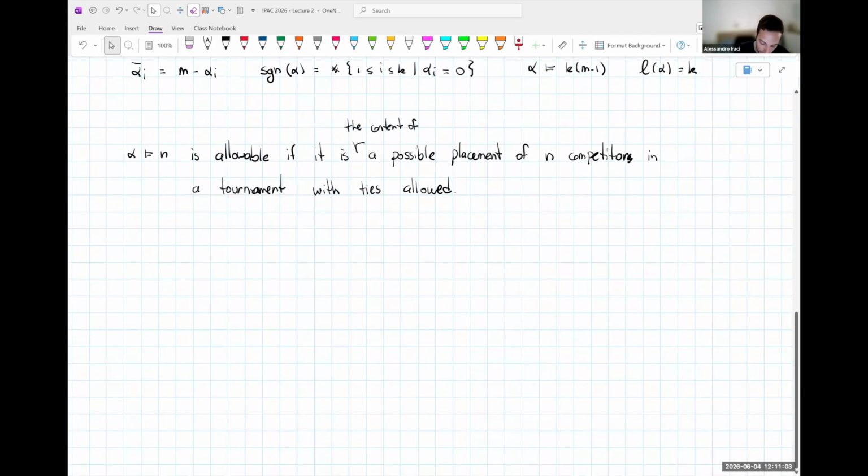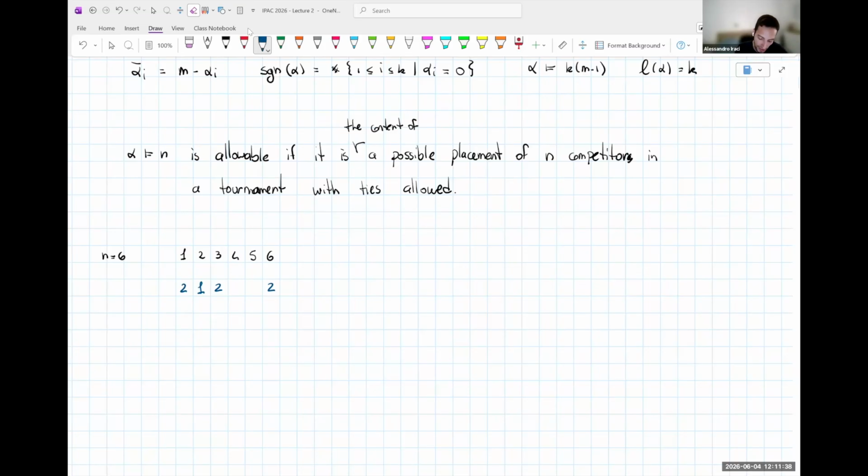Suppose we have n people that enter a tournament. We number them from 1 to n. Let's do an actual example, say n equals 6. They compete and then they get some ranking and they can tie. So for example, we're going to have competitor number 2 arriving first, and then competitors 1, 3, and 6 tied for second place.